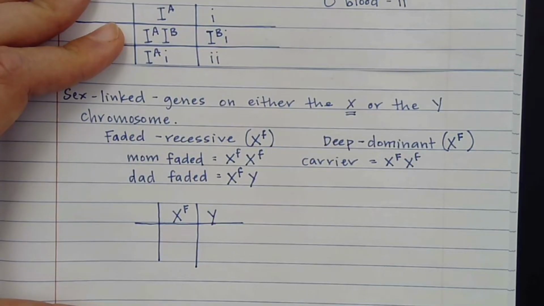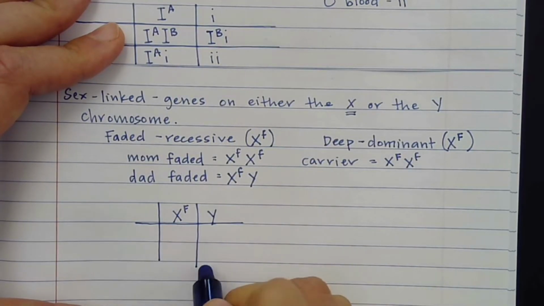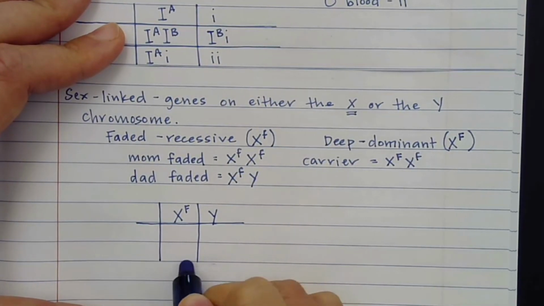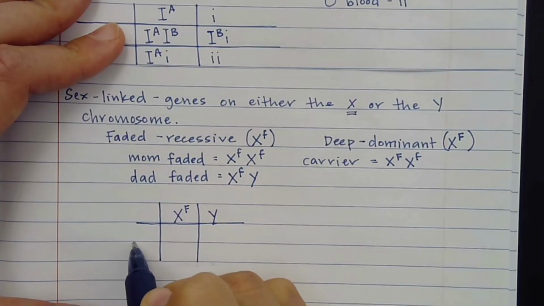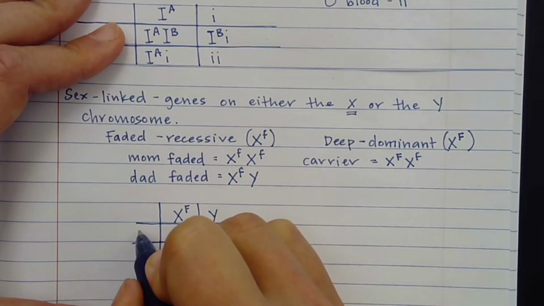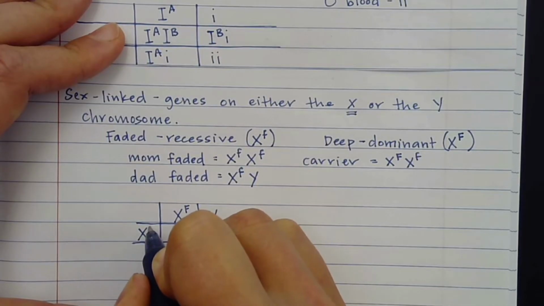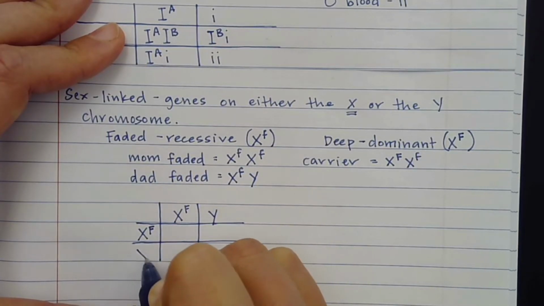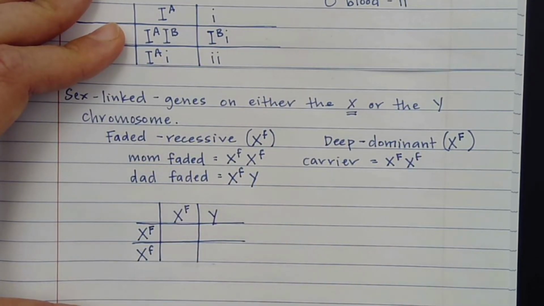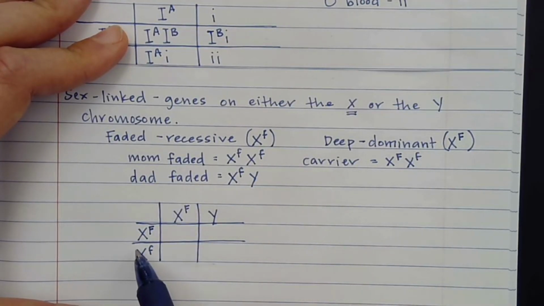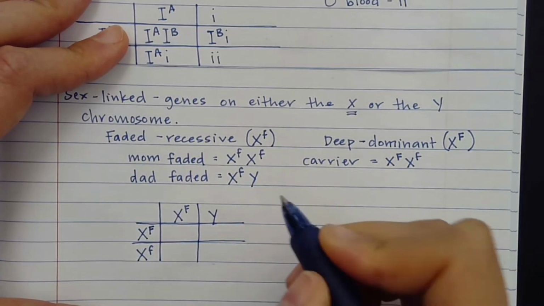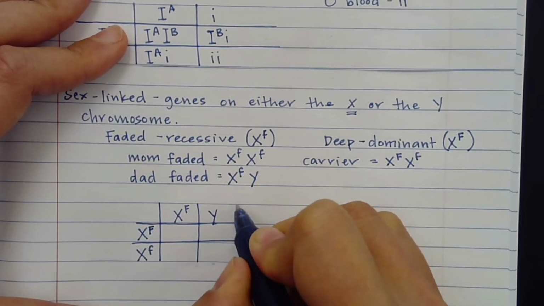And mom is also going to be deep in color, but we're going to make her a carrier. So mom needs to be X, big F, X, little f. So neither of these people, dad or mom, have the trait. They are both deep in color.